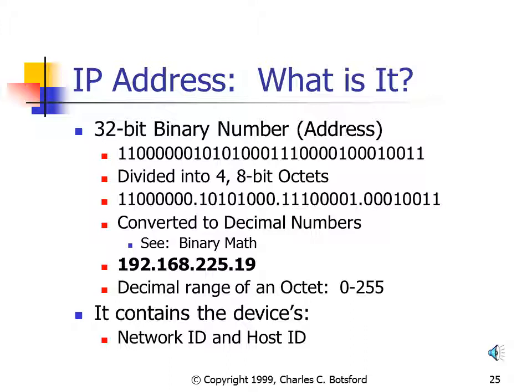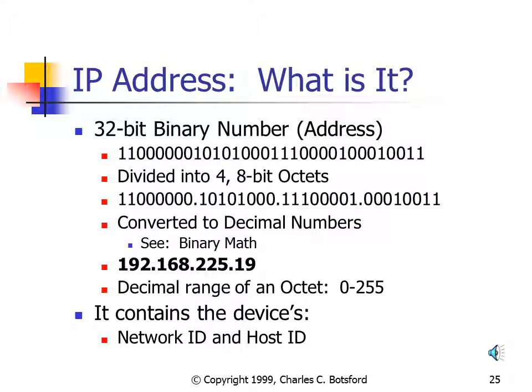Each of those numbers equates to a specific binary number. It's important to note that if I was to type this IP address into the computer, it would convert that back into the binary number without regard to any of the octets or the periods.